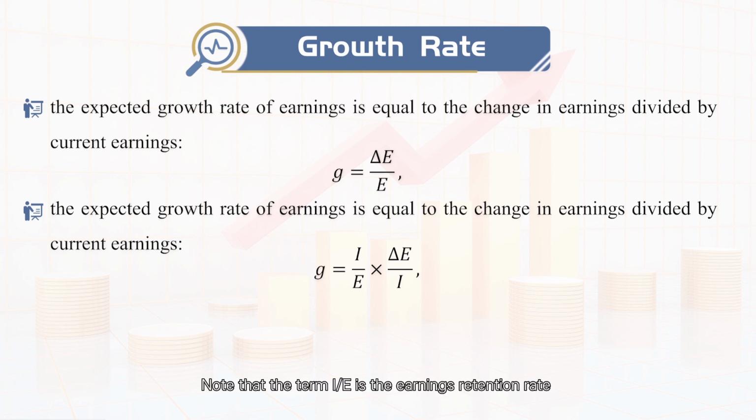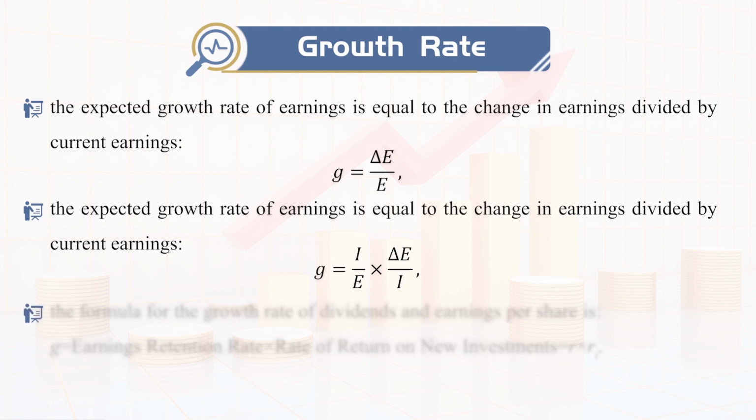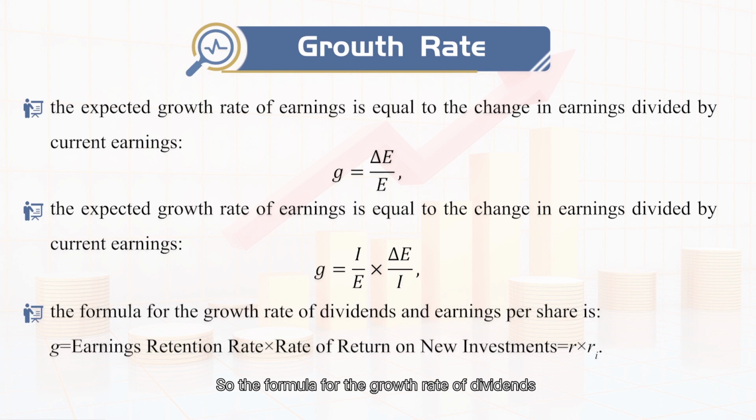Note that the term I over E is the earnings retention rate and can be denoted as R. The term ΔE over I is the rate of return on new investments and can be denoted as RI. So the formula for the growth rate of dividends and earnings per share is g is equal to the earnings retention rate multiplied by the rate of return on new investments. That is, g is R multiplied by RI.